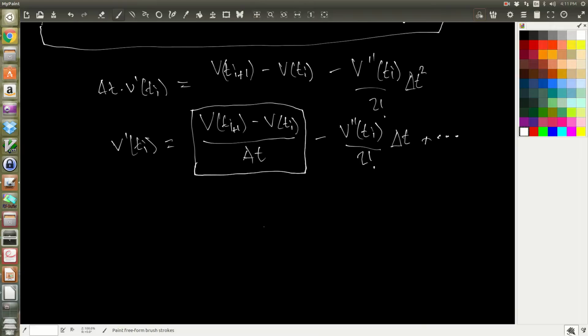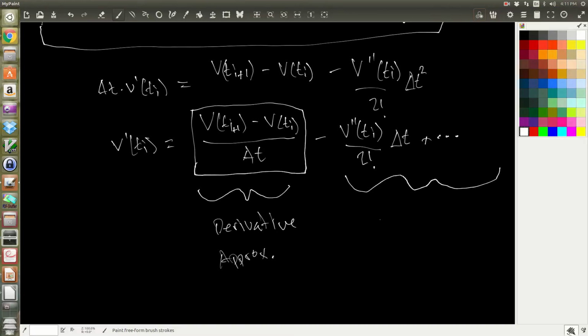So this is our derivative approximation, and this, including all the terms that we cut off, represent the error in the approximation.